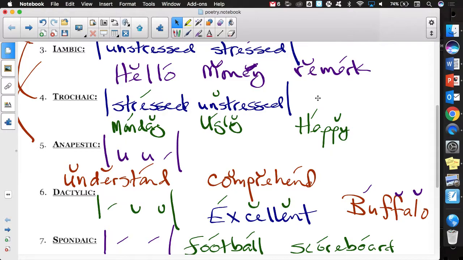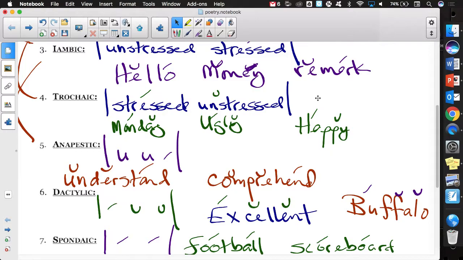Within your quiz, it's not going to be the word buffalo or scoreboard, but you are expected to know iambic is unstressed-stressed, trochaic is stressed-unstressed. So keep reminding yourself what words and patterns fit into those different types.